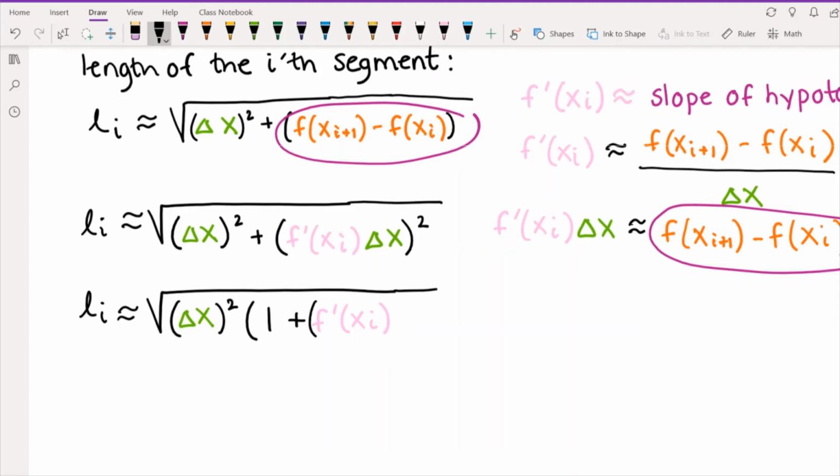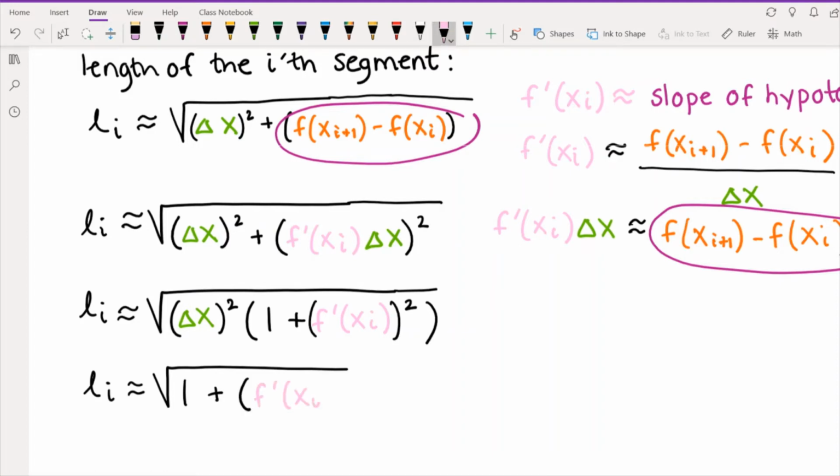I should put extra parentheses around this, right? So I just factored out a delta x squared. The reason I did that is because now we can pull it outside of the square root, because we have a square root of delta x squared. We're assuming that delta x is positive because it's a distance, so we can take it outside of this whole thing. I'm going to put it at the end. So we're going to rewrite this as the square root of 1 plus f prime of xi squared, and then the delta x is on the outside and it doesn't have a square on it.